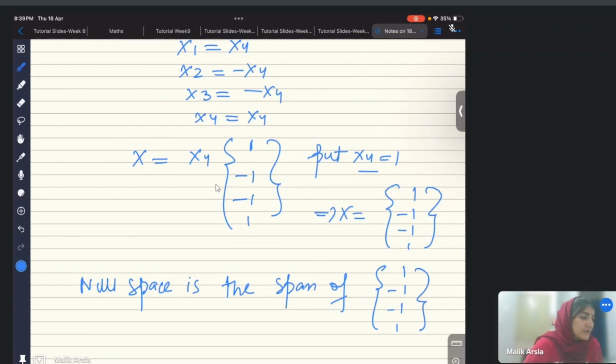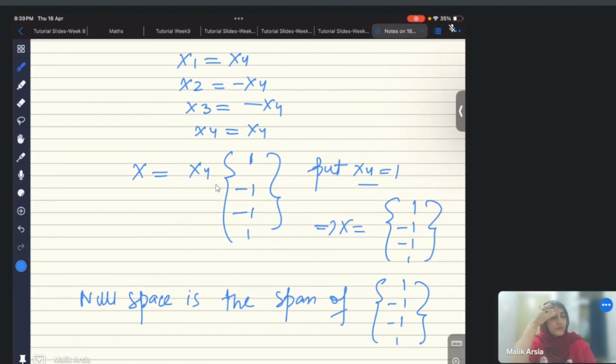So basically this is the null space. I hope this is clear. You can note it down if you want to.